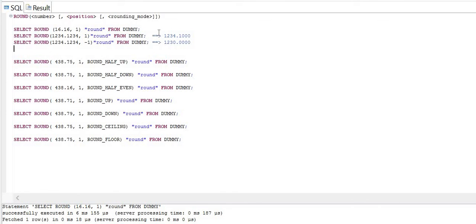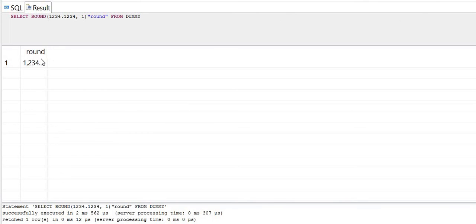Now coming to the next example, here I still have the decimal number 1, so it will be rounded for only one decimal. So let me just execute this. So here it is. Yes, the result is like this.